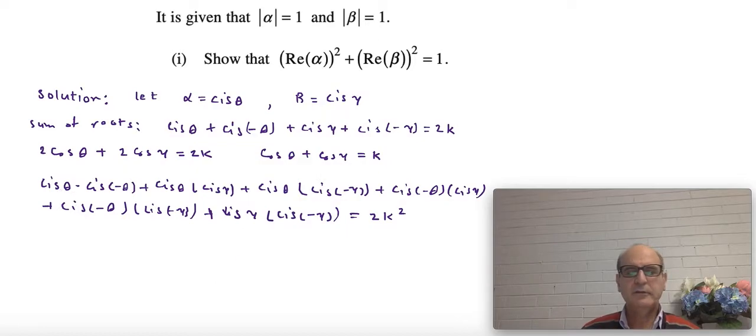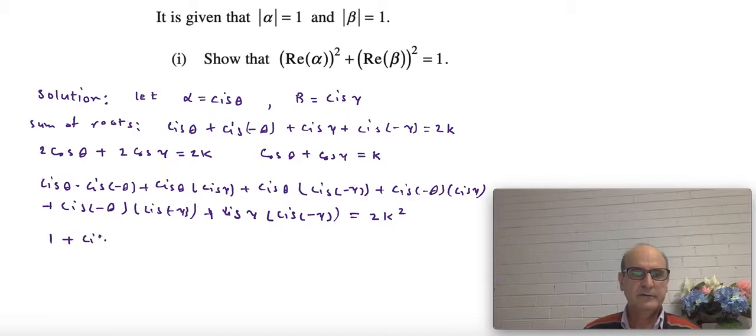Cis theta times cis minus theta becomes cis theta minus theta, which is cis 0. When you multiply two complex numbers, you add their arguments and multiply their moduli. So cis 0 is 1.